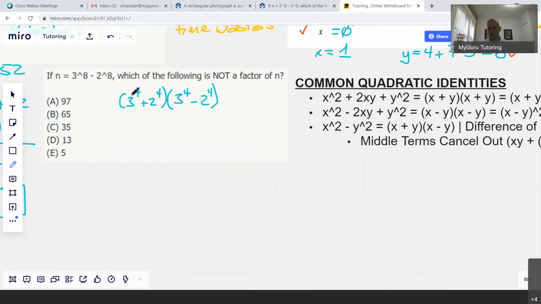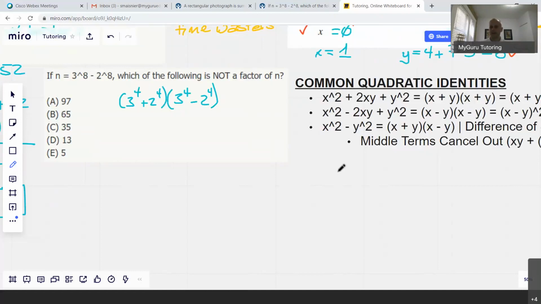When we process the distribution, we remember that you add the exponents if you are multiplying the bases. So 3 to the 4th times 3 to the 4th becomes 3 to the 8th, as desired. 3 to the 4th times negative 2 to the 4th is negative 2 to the 4th times 3 to the 4th, and then we've got positive 2 to the 4th times 3 to the 4th. Those two things will cancel out, and then we've got the minus 2 to the 8th.